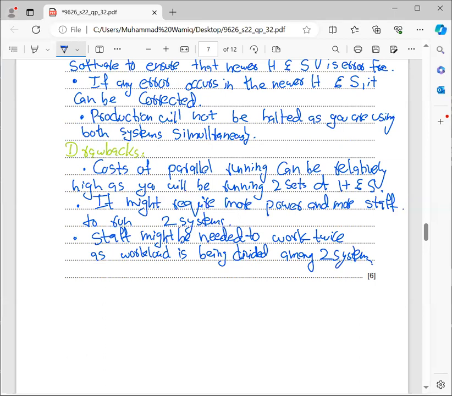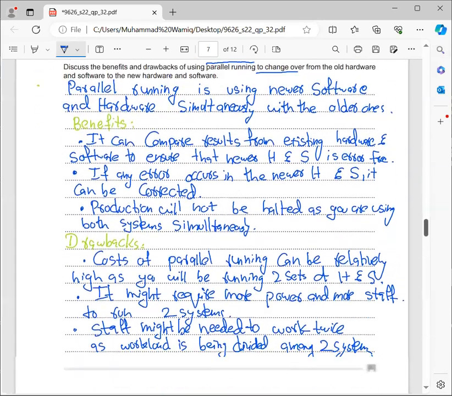So there can be problems in that. They can be slow, they can increase your cost. And one more disadvantage that you also need to ensure that you are accurately inputting the data. So you should be having your expected outcome. So this is for your total 6 marks.